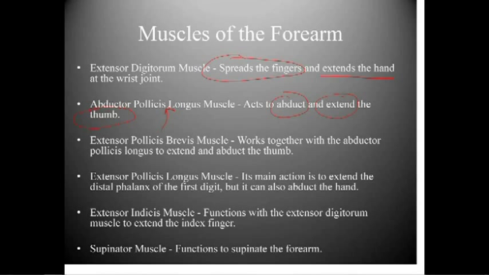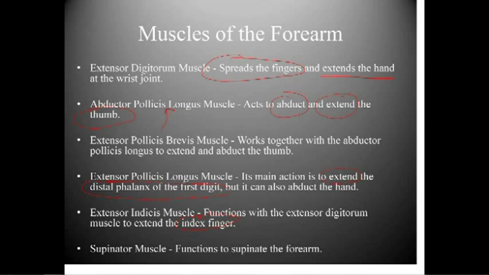The extensor pollicis longus muscle, its main action is to extend the distal phalanx of the first digit, but it can also abduct the hand. So this muscle is going to be concerned with the extension of the distal phalanx of only the first digit. The extensor indicis muscle functions with the extensor digitorum muscle to extend the index finger.